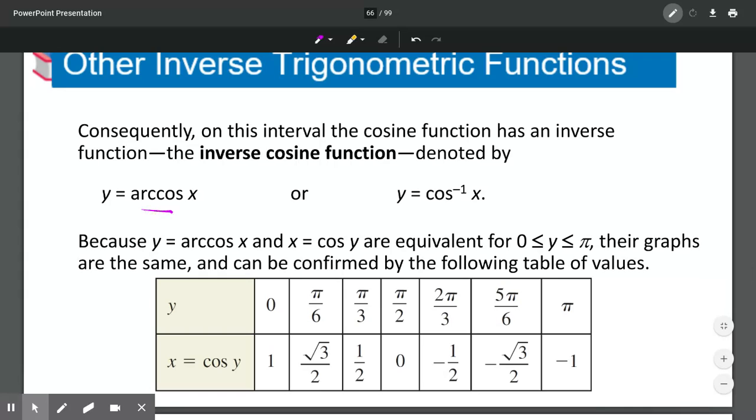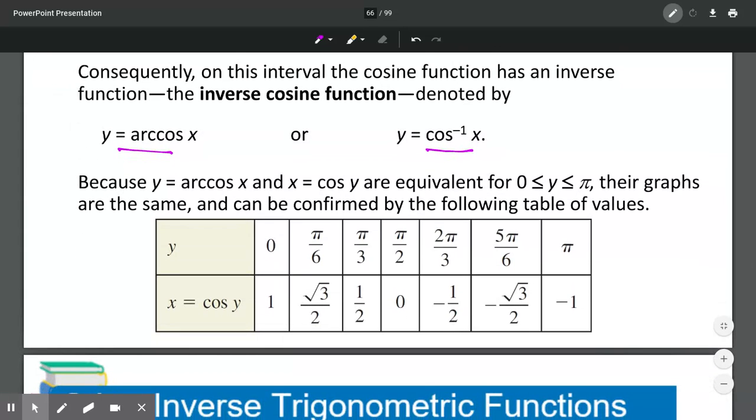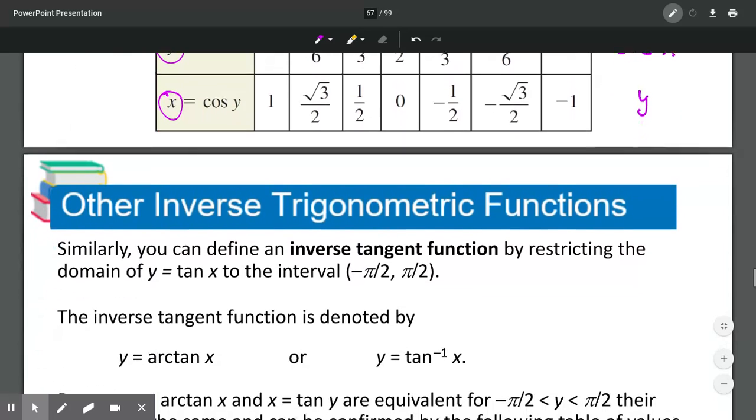Okay, so again, you can have your arc cosine, or your inverse cosine. And you have that table, where if this was originally your cosine of x and this is your y, then when we find the inverse, we switch that x and that y value to help us graph those inverse functions.